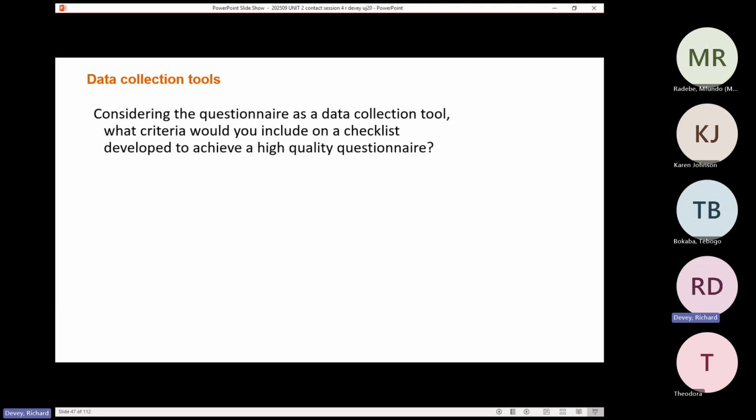So, for example, I've just recently been reviewing a questionnaire, and the researcher had, at the beginning of a section, cited the reference where the questions came from, but that's not relevant for the participant. They don't know anything about that reference. They don't need to know where the questions come from.